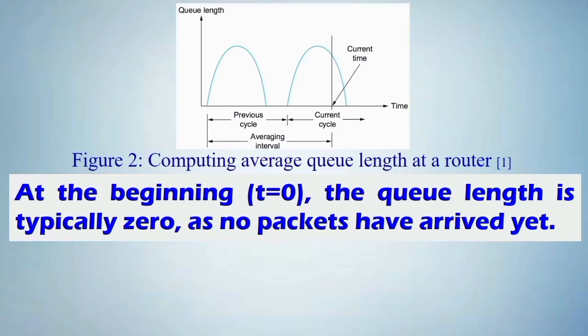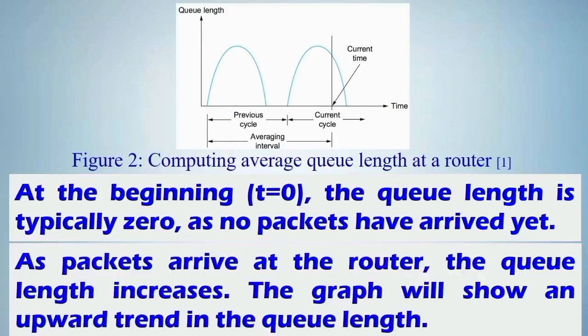As packets arrive at the router, the queue length increases, resulting in an upward trend on the graph.